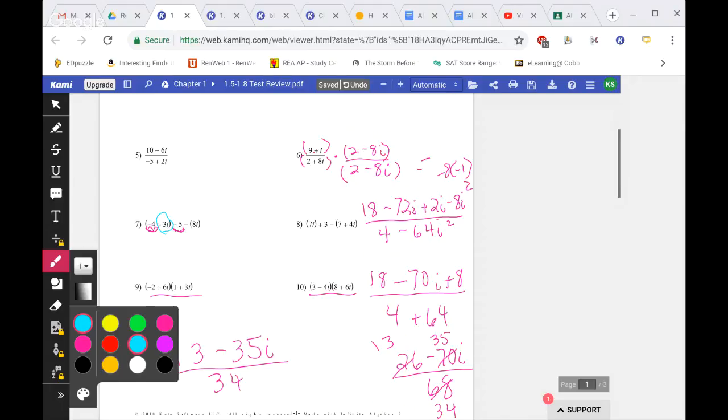Now that's my imaginary. And here's another imaginary. So by the looks of it, I have a -4 with a -5. So that's going to give me -9. And then I have a +3i with a -8i. So that's going to give me a -5i. And that should be in standard form.